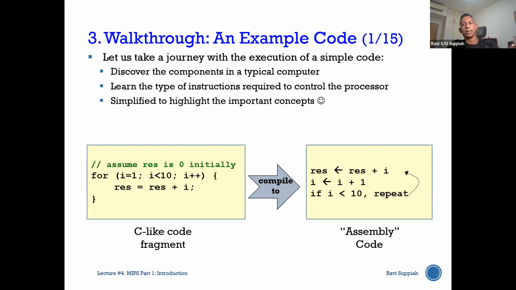So for example, if you are running a particular compiler, let's say you install a compiler on your system. Let's say you install Visual Studio, and then you write some C code or C++ code or whatever.